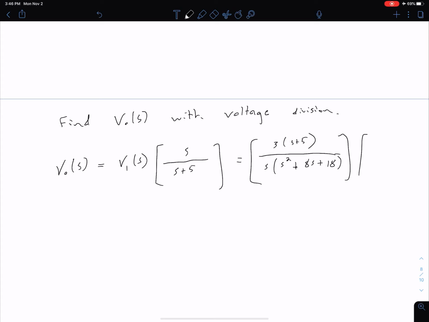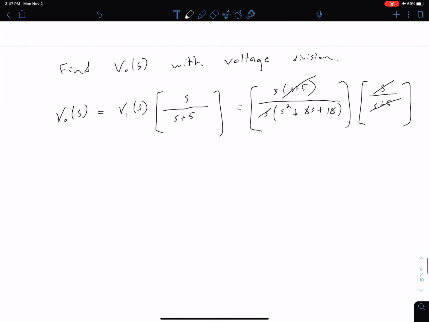And now we're multiplying that V1 by S divided by S plus 5. So our S term is going to cancel out with this one, and our S plus 5 will cancel out here. And we have our V out of S is equal to 3 divided by S squared plus 8S plus 18.